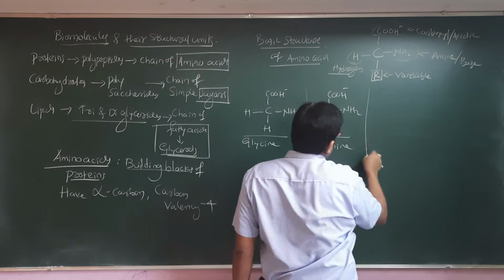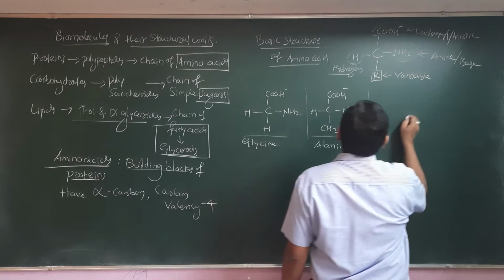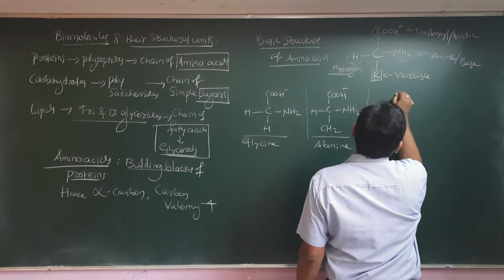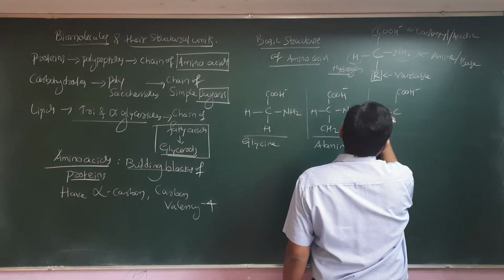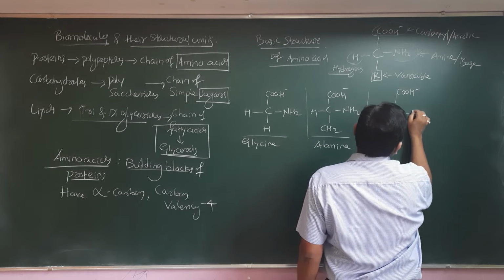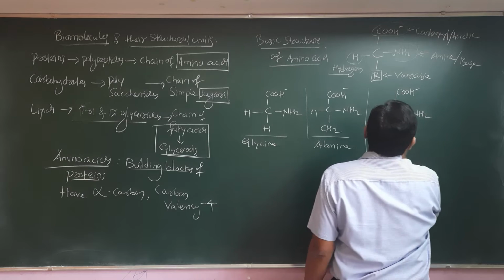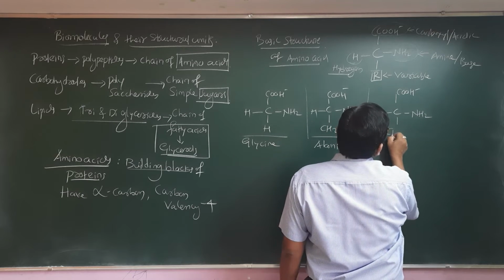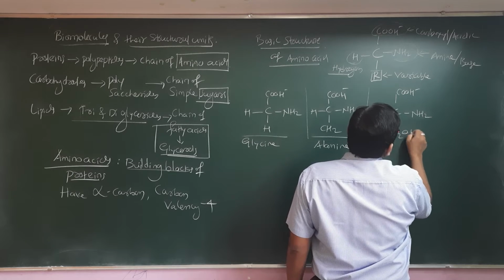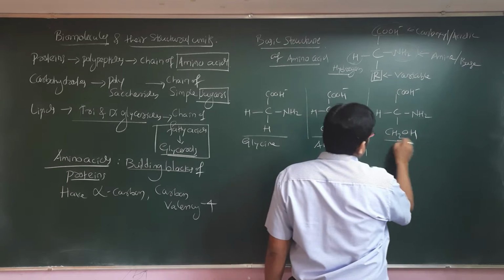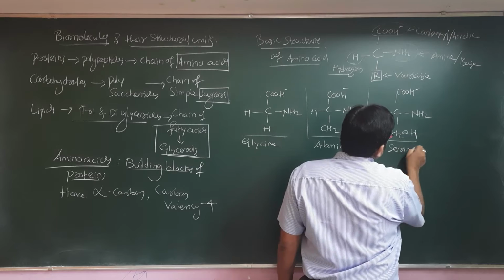Let me give one more example. The carbon, COOH, and here it is the H, and here it is the NH2, and if a CH2OH group comes here, then it is called serine.